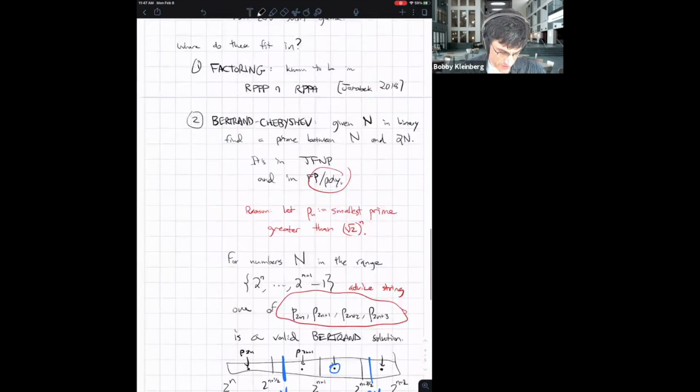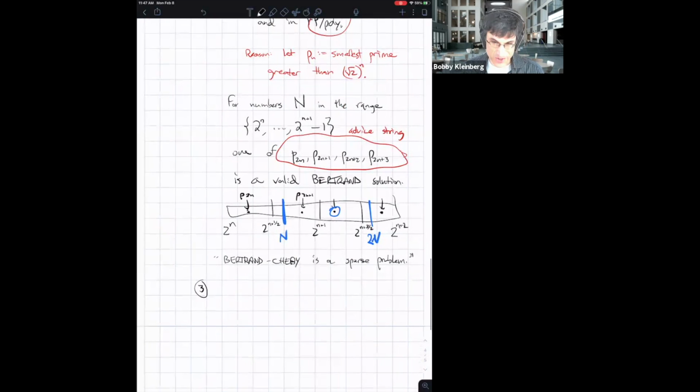Okay, let me give you the third quintessential example of a problem that is in TFNP, but we don't know where to put it in this complexity hierarchy. Ramsey.